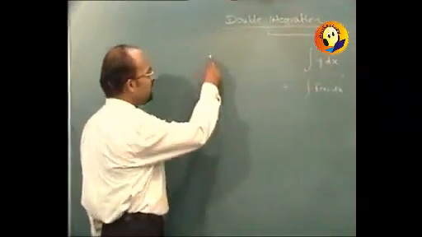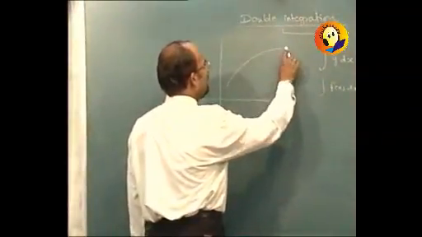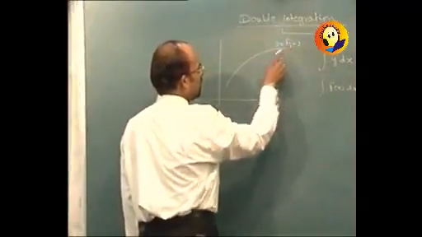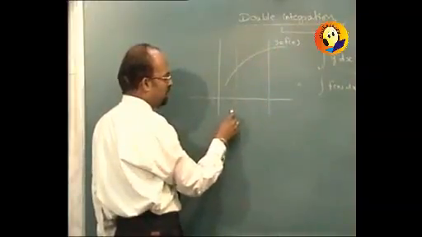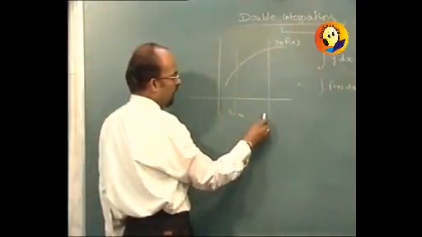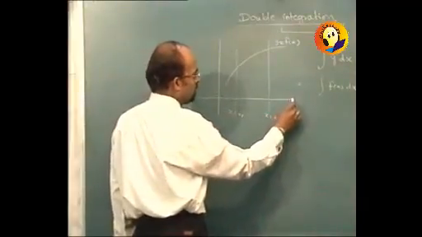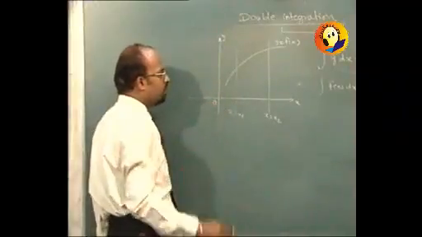Integration by definition, you must know it as the area under the curve. Suppose this is the curve y equal to f(x), and suppose these are the two limits x equal to x1 and x equal to x2. This is the x-axis, y-axis, origin.